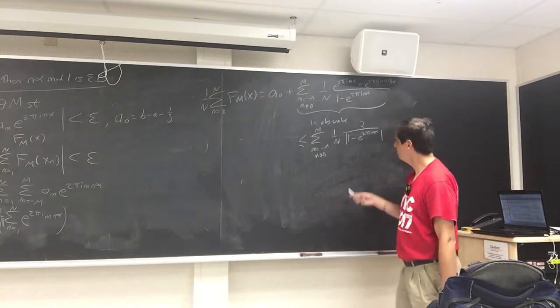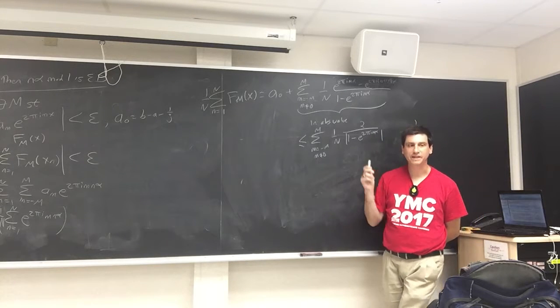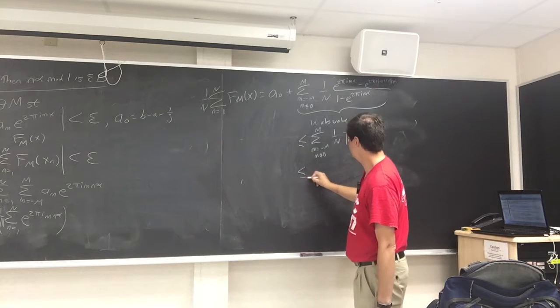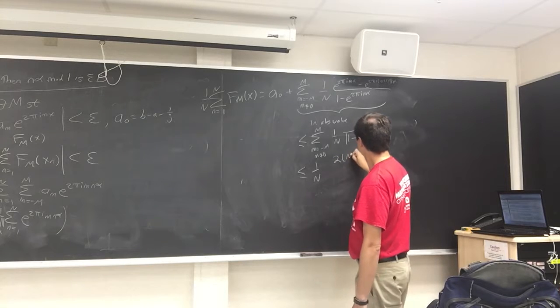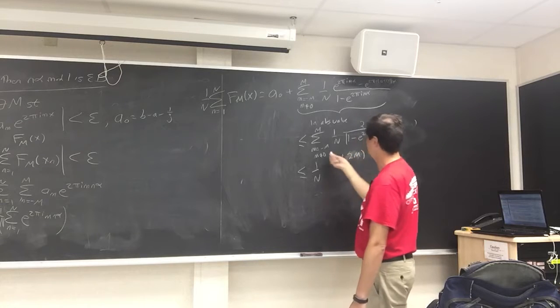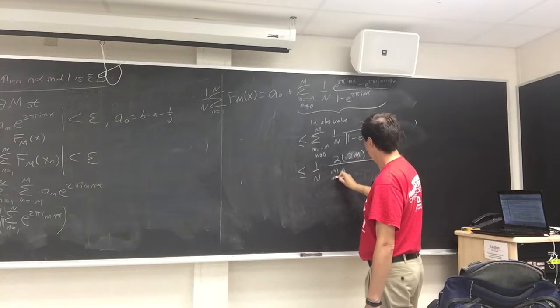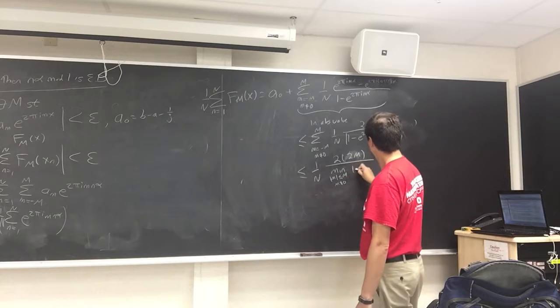Now the important thing is, little m here ranges over only finitely many terms, and none of them are m equals 0. So this is going to be less than or equal to 1 over N, 2 times 2M, because I have 2M terms, and then the minimum over m, absolute value of m less than or equal to M, m not equal to 0, of the absolute value of 1 minus e to the 2 pi i m alpha.